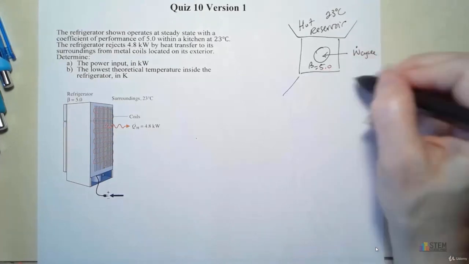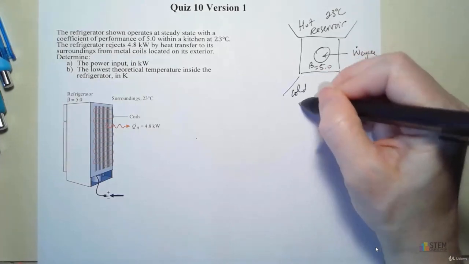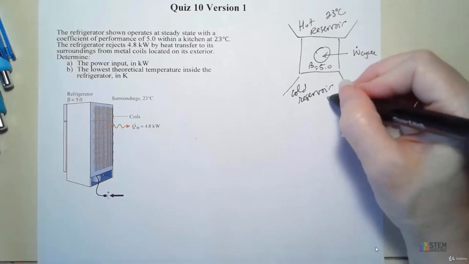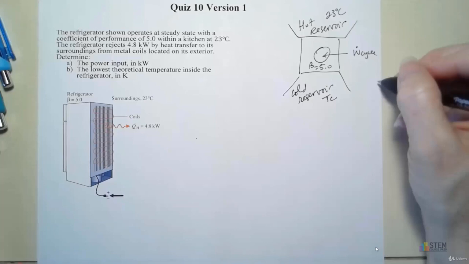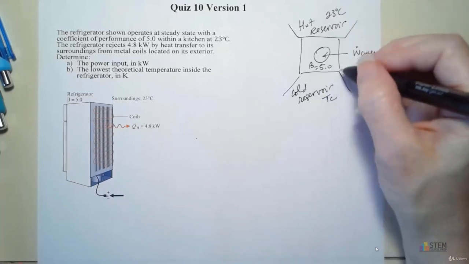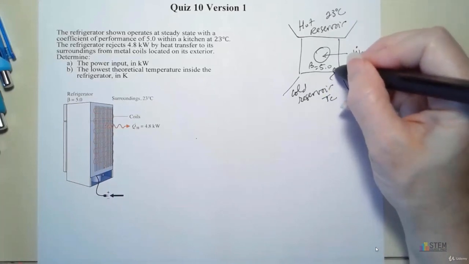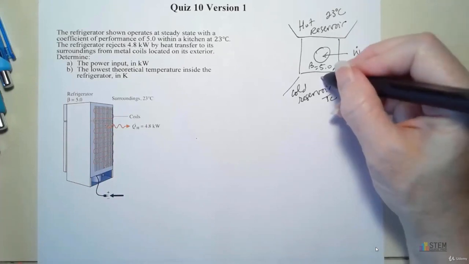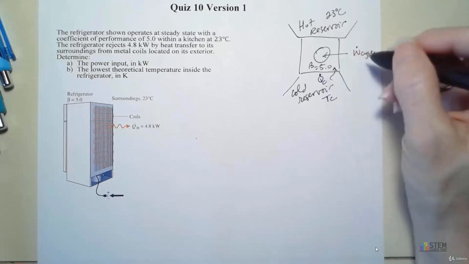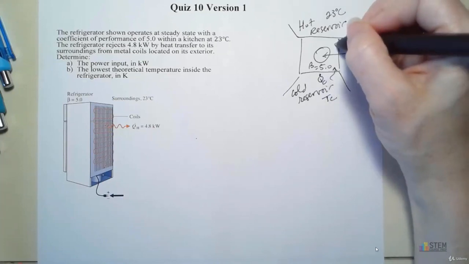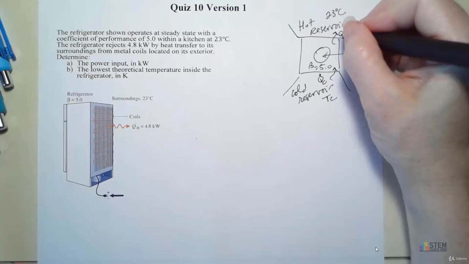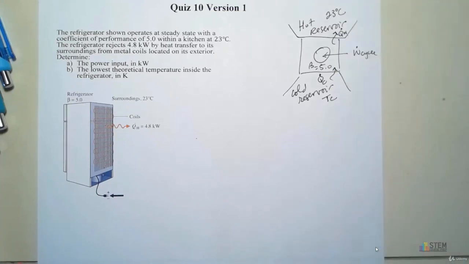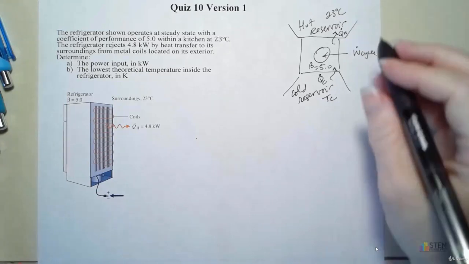Then finally, we've got this cold reservoir down here, and this has a temperature, TC. Now from this one, for refrigeration, remember you're going to take the heat from the inside of the refrigerator, which would be our cold reservoir, and that's going to be our QC dot, and then we're going to displace more heat energy into the hot reservoir with QH dot.